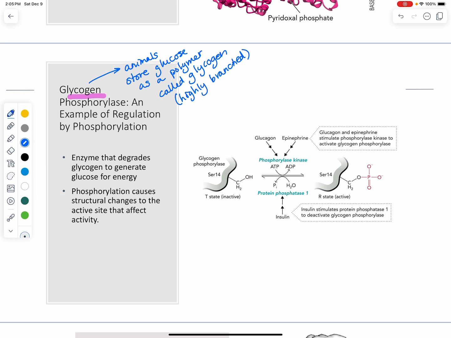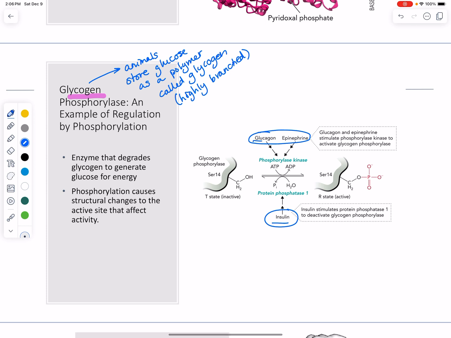If we look at these enzymes that regulate our metabolic pathways: insulin is a hormone that stimulates us to remove glucose from the bloodstream, send it into glycolysis, and start using it.